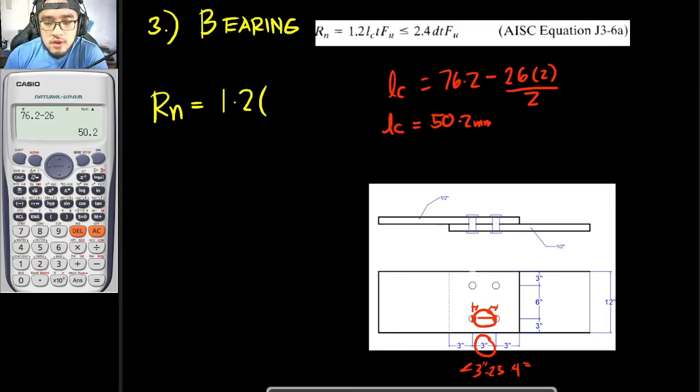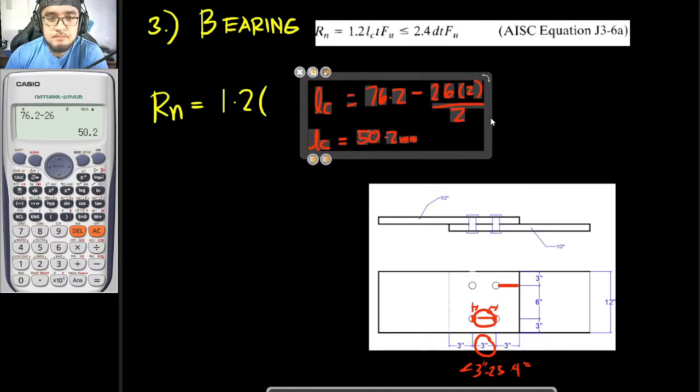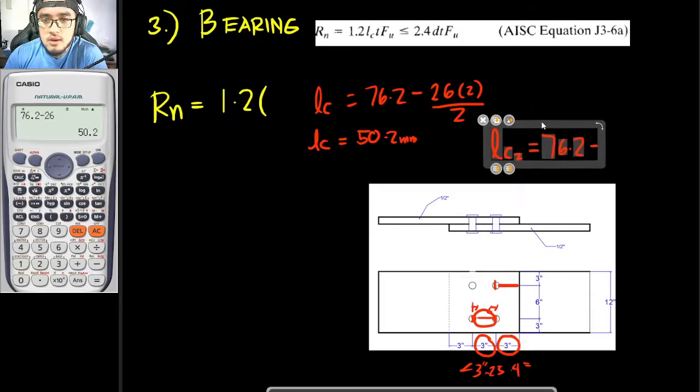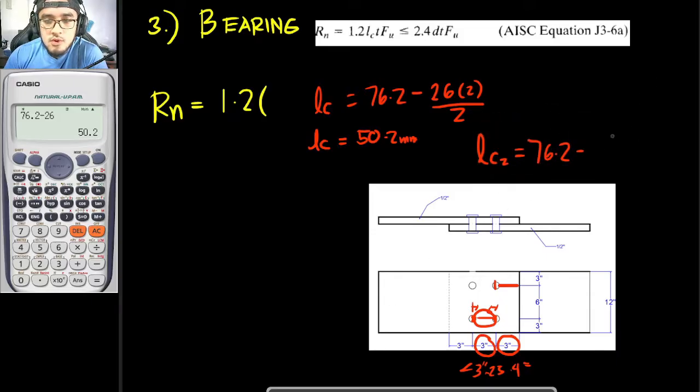And how about for the other part, which is to be at this point up until this point? So iurong ko lang to, guys. So for Lc2, that is to be equal to 3 inches minus 1/2 of this diameter. So that is to be equal to 76.2 minus 26 over 2.